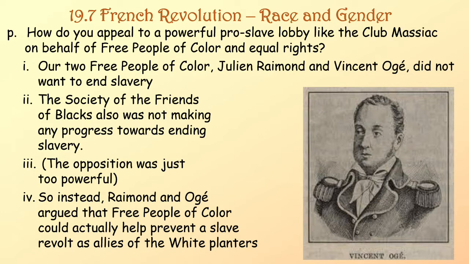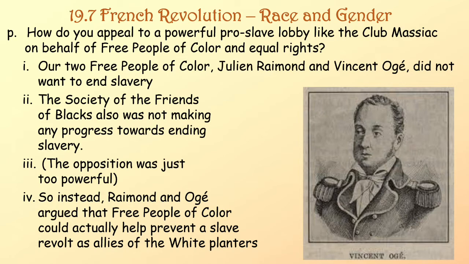Our two free people of color, Julien Raimond and Vincent Ogé, did not want to end slavery. The Society of Friends of Blacks was also not making any progress towards ending slavery. The opposition was just too powerful.